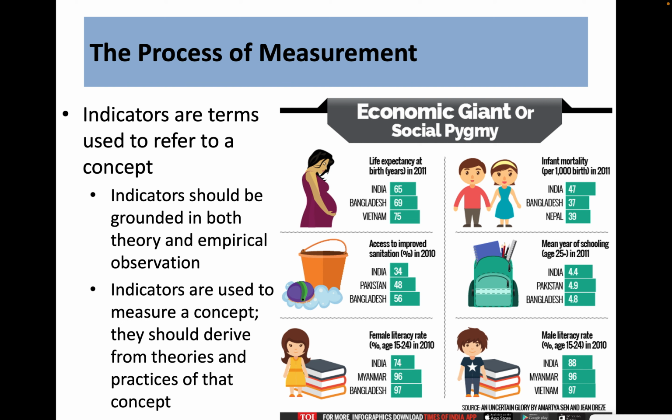Female literacy rate percent age between 15 and 24 in 2010, 74% in India, 96% in Myanmar, and 97% in Bangladesh. Male literacy rate percent age 15 to 24 in 2010, 88 in India, 96 in Myanmar, and 97 in Vietnam.